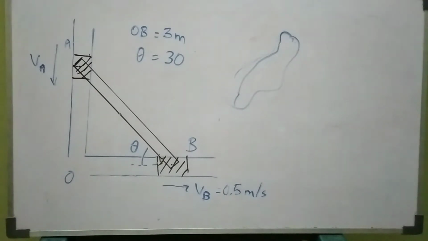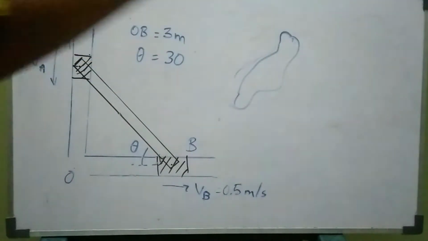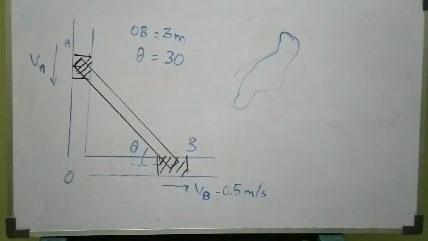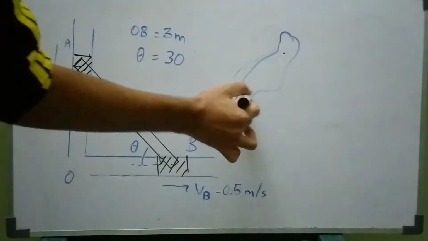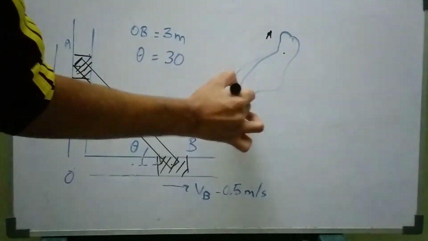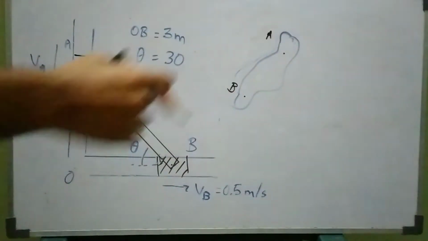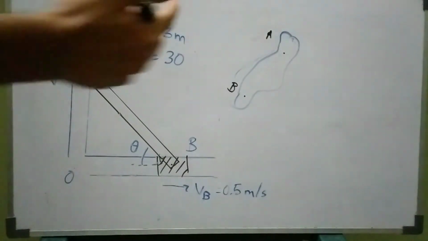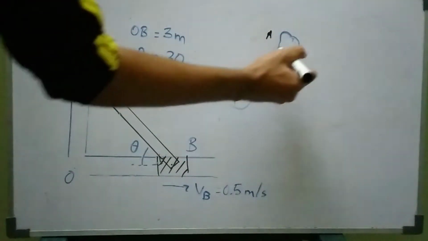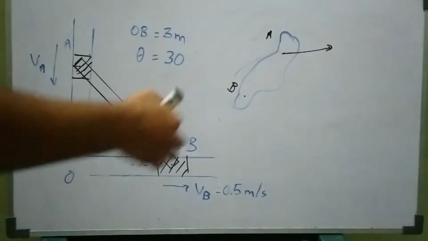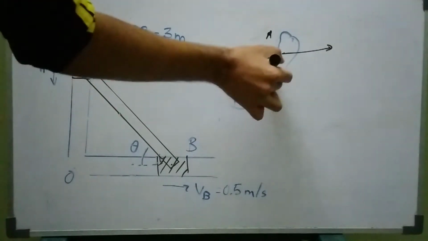First of all, we need to know how to find the instantaneous center of rotation. For that, we need to know at least two velocity directions from two different points. Let's say there are two points A and B. I know the direction of the velocity at point A, let's say it's in this direction, and at point B it's in this direction.